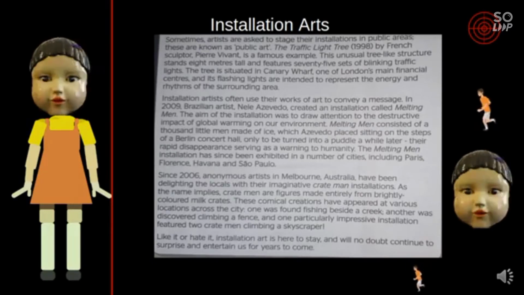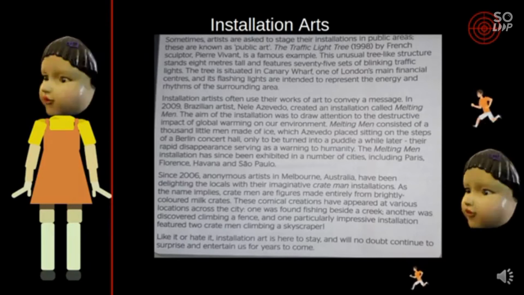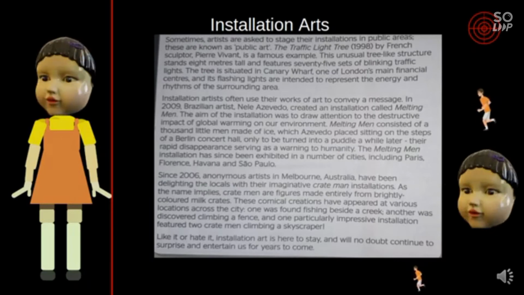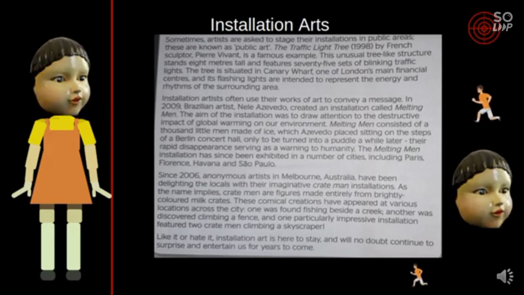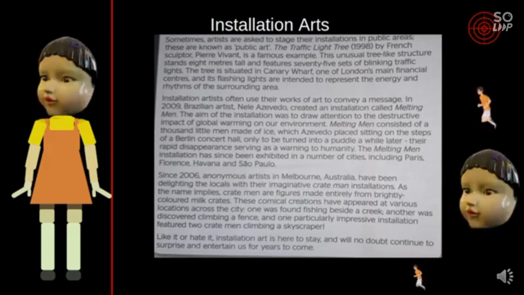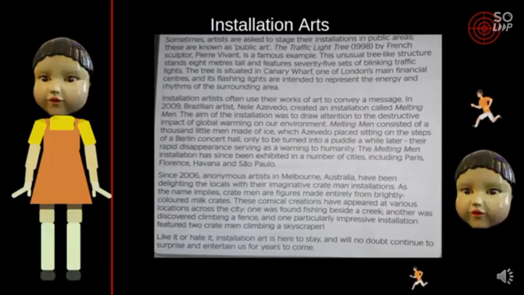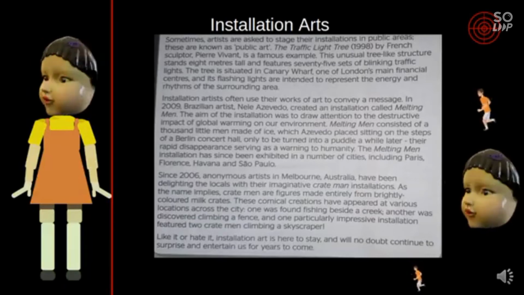Installation artists often use their works of art to convey a message. In 2009, Brazilian artist Nele Azevedo created an installation called Melting Men. The aim of the installation was to draw attention to the destructive impact of global warming on our environment.